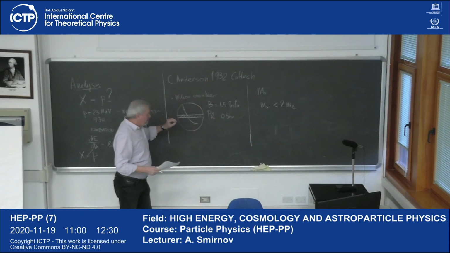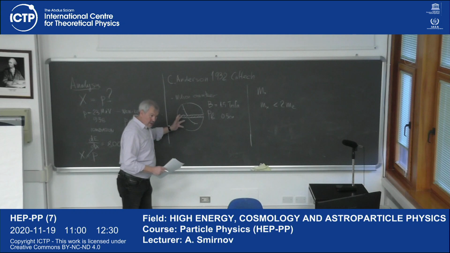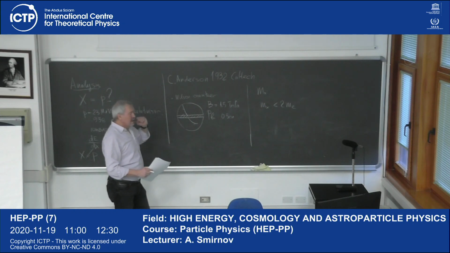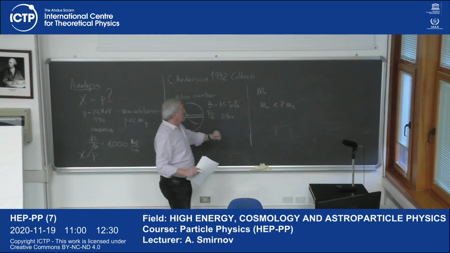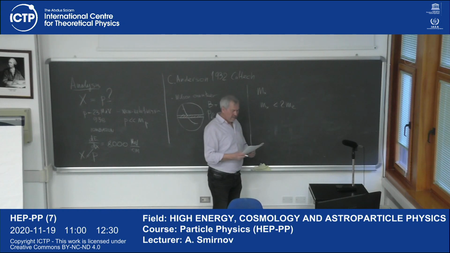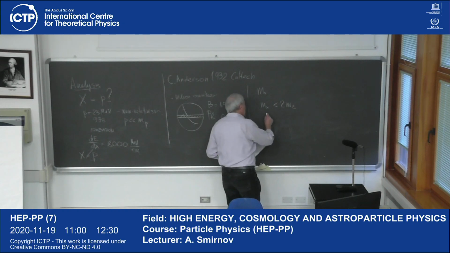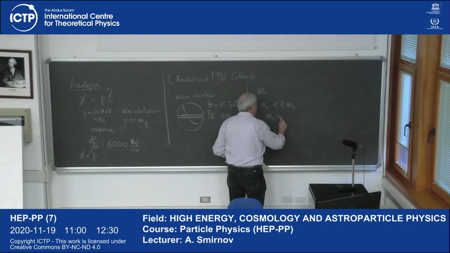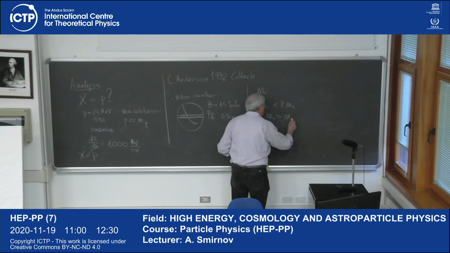So from this picture, from the energy loss, from initial and final momentum, which are measured, one can conclude that the mass of this particle should be smaller than 2 masses of the electron. So this is consistent that mx is equal to me.